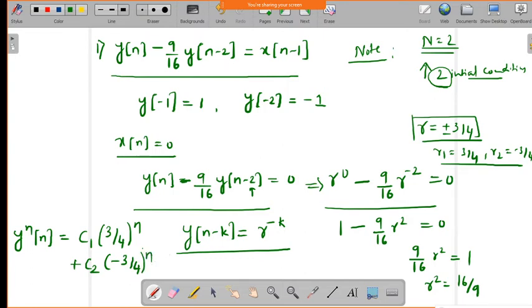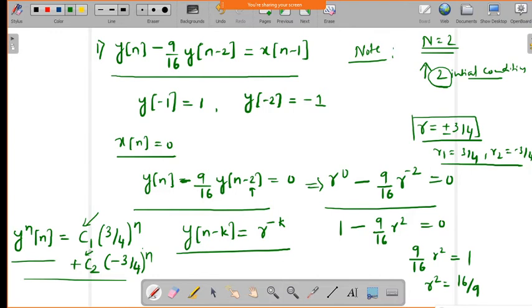So this is the natural response of this difference equation. Now we need to find out what C1 and C2 are. In order to find C1 and C2, you need to use the initial conditions.